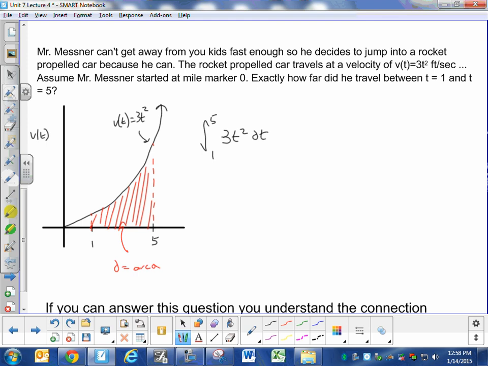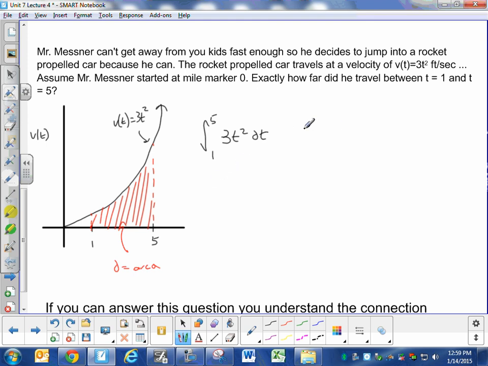Instead of worrying about my velocity, let's just figure out where I was at second number 1 and where I was at second number 5, and if I subtract those two positions, boom, that change in the position gives me my total distance, which gives me my area under my curve.